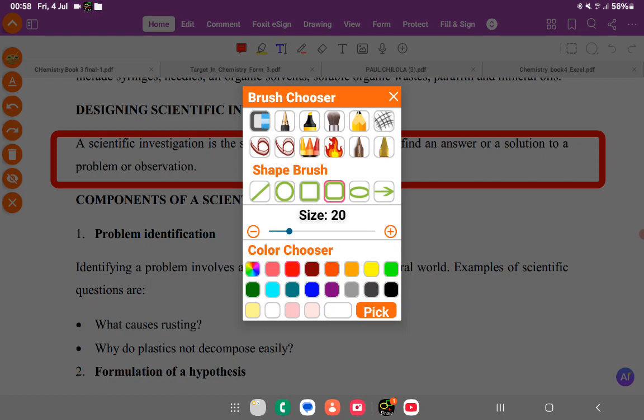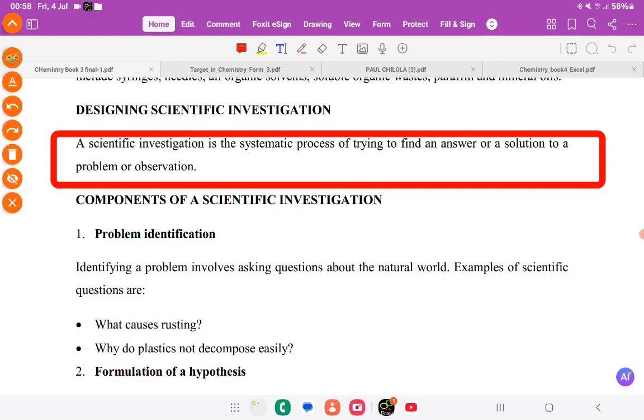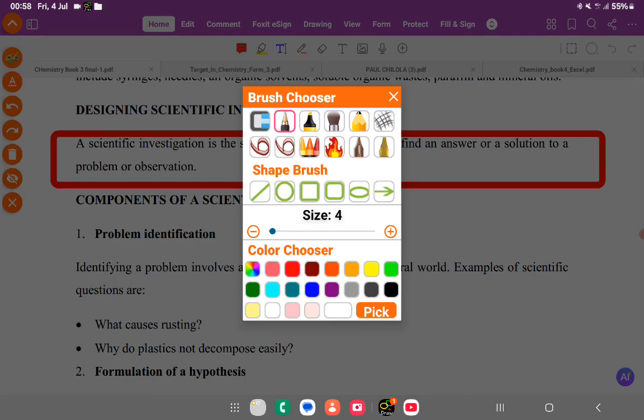Of course, this is not new. It's something that you've been doing from Form 1, even primary school. You will learn about scientific investigation and its stages. All right, so the first and foremost stage of a scientific investigation is called identifying a problem, right?